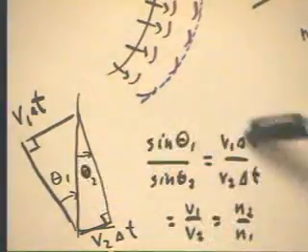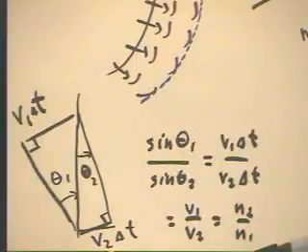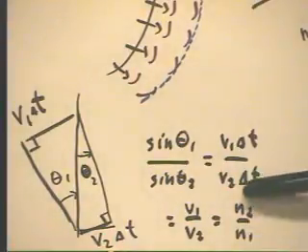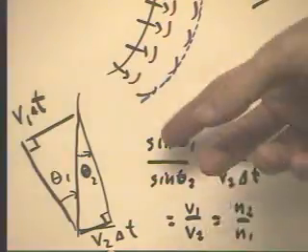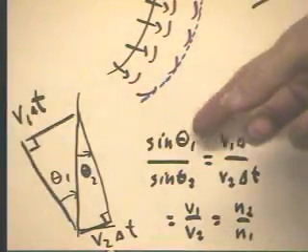And then from the geometry of the situation, we divide out the delta t. We see that sine theta 1 over sine theta 2 has to be the ratio of the velocities, which is the reciprocal ratio of the indices of refraction. And this is a derivation of Snell's law using Huygens' principle of wavelets, wave envelopes and wave fronts.